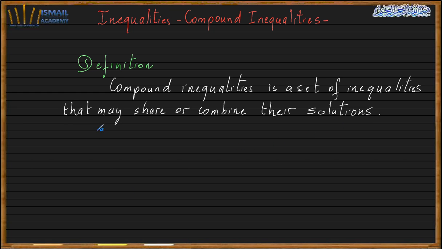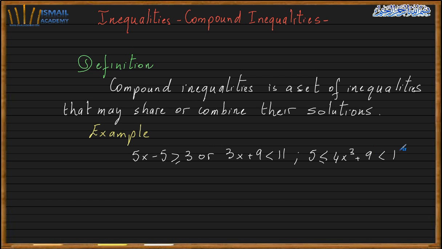So for example, 5x minus 5 is greater than 3, or 3x plus 9 is less than 10, and so on.